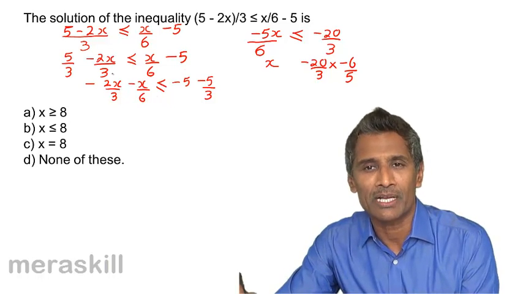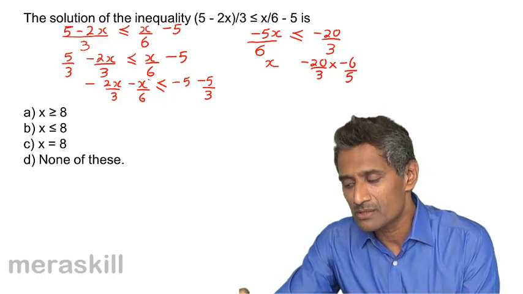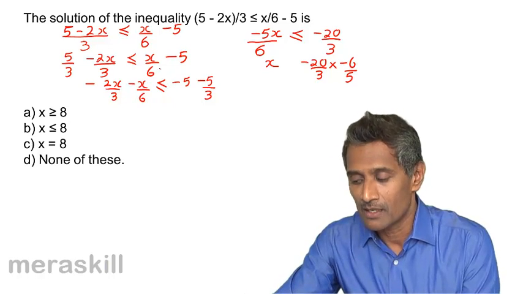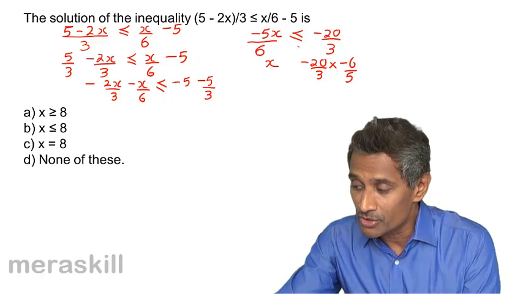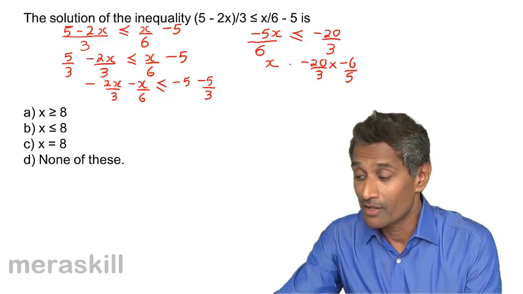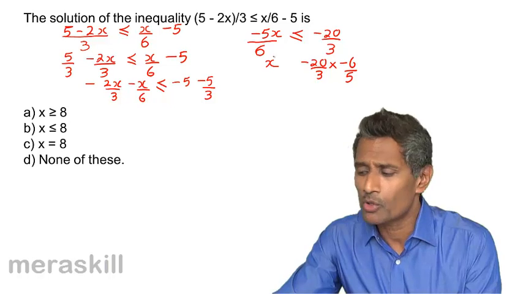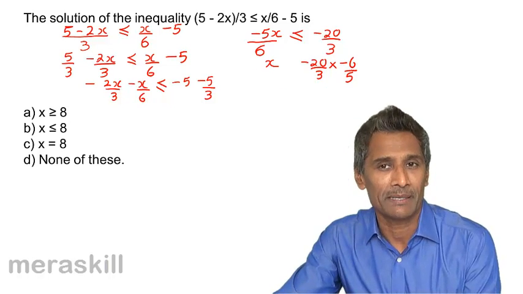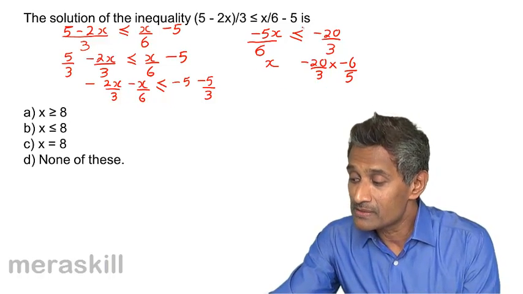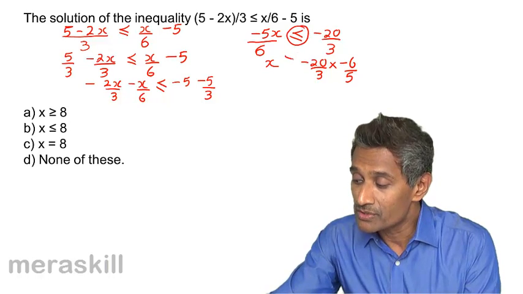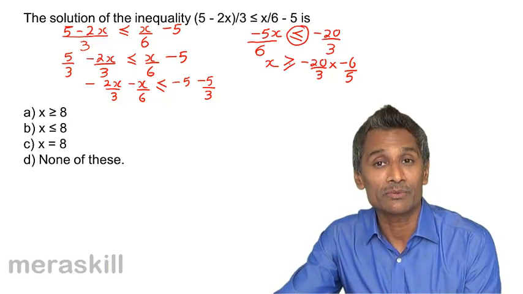Nothing. We added, subtracted some number. We have to just keep on putting on the left less than or equal to sign. The inequality continues to remain the same. But here we have multiplied both sides by a negative number, or in simple words, we have divided by minus 5 by 6. And this changes to greater than or equal to.